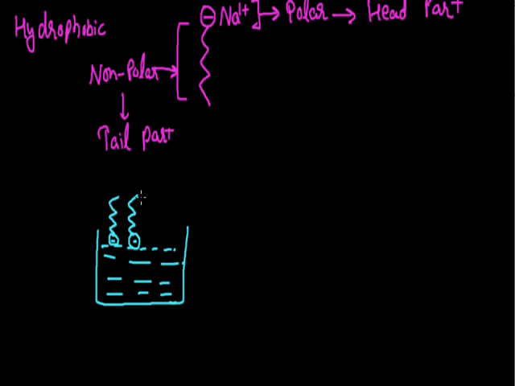When we add the minimum concentration of soap or detergent to this water, and these soap molecules capture all the surface of the water, then they have to come inside the water.